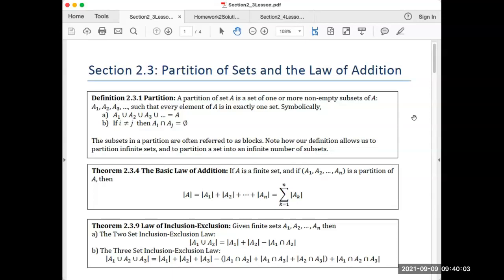But I encourage you to come to office hours. Wednesday, Thursday, Friday in the evening, I have evening office hours, 8:30 to 9:30, but I'll stay open till 10 if there's demand. All right. So yeah, I'm going to go over section 2.3, which is partition of sets. If time permits, I'll do a few examples from the combinations section, but you don't have to worry about that until next week.